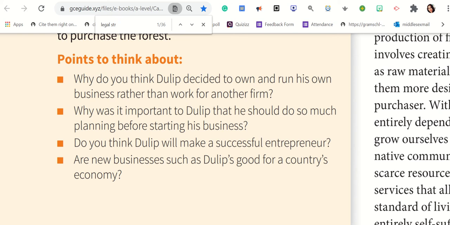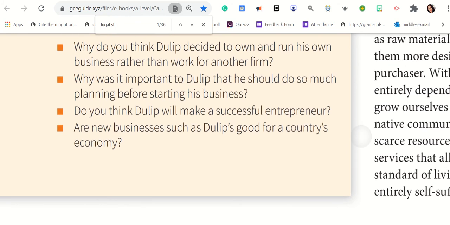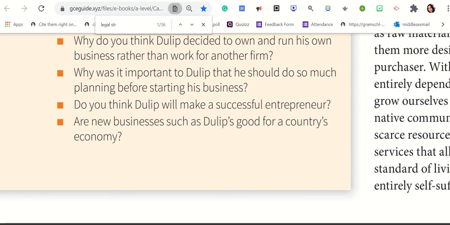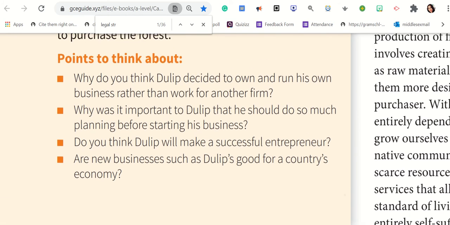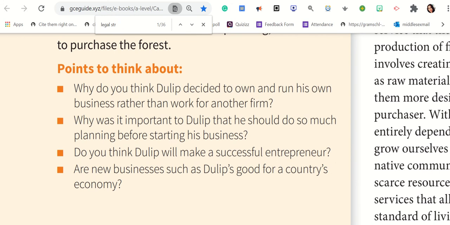Do you think Dulip will make a successful entrepreneur? Are new businesses such as Dulip's good for a country's economy? Now think about it and come up with your answers for this question. Be creative. There's nothing wrong in terms of business. You can just think about your ideas and share it.